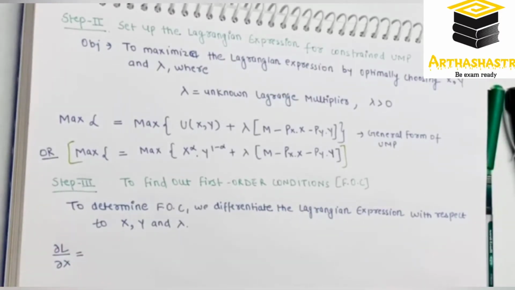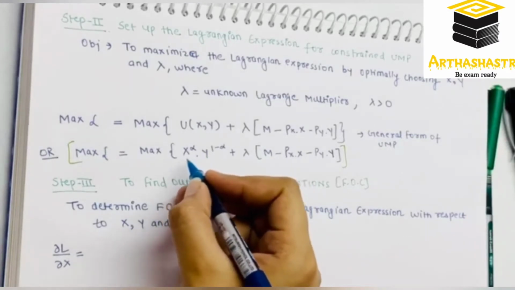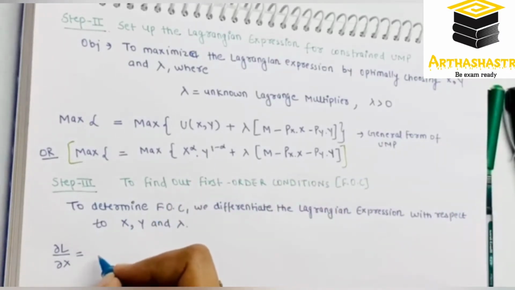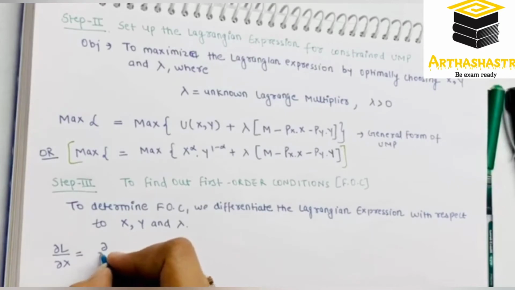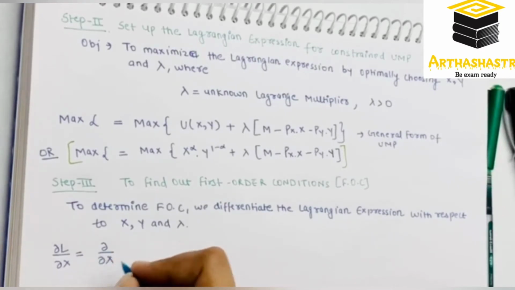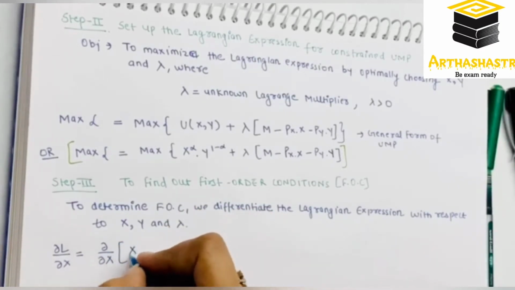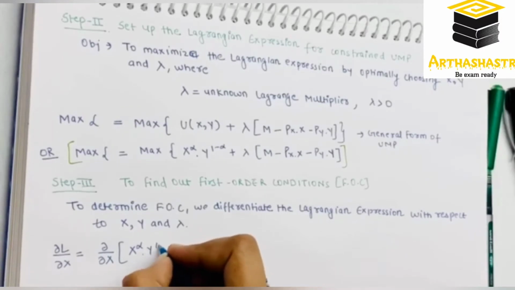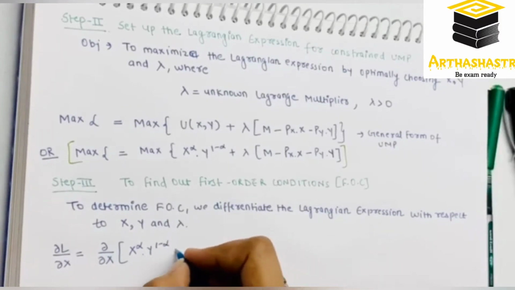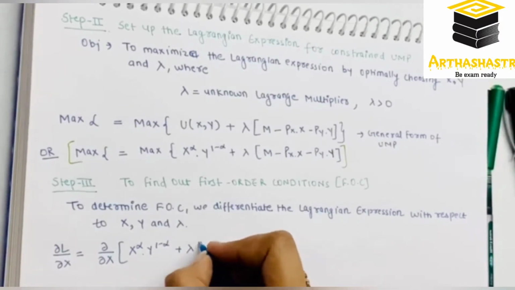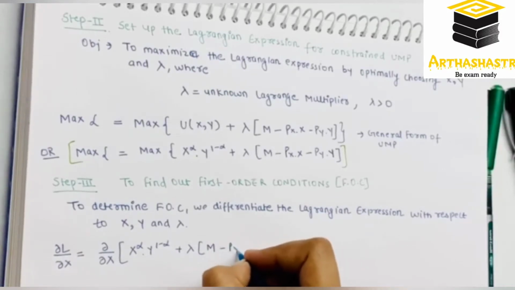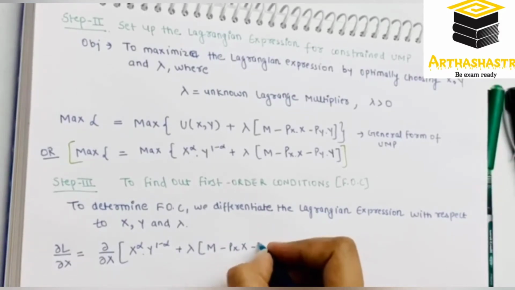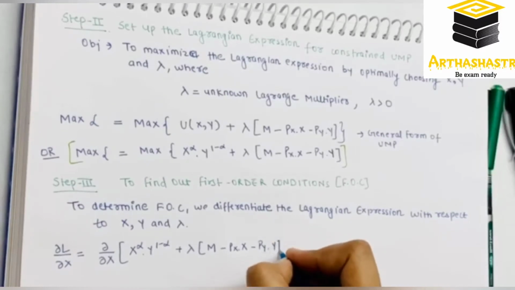Now we are differentiating this function with respect to x. So we can write it as del by del x of x to the power alpha times y to the power 1 minus alpha plus lambda times m minus px times x minus py times y.